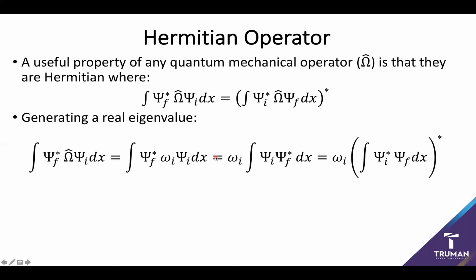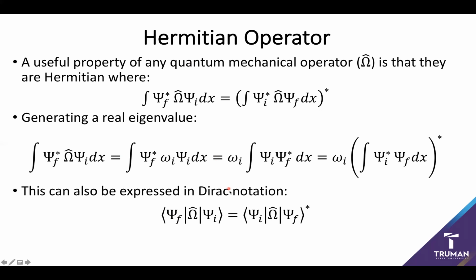Now, one of the easier ways to try and illustrate this is what it looks like in Dirac notation. So in Dirac notation, one way we can explain this is, again, all I'm doing is simply switching my two wave functions, and doing so results in the introduction of a complex conjugate. And again, that would be this first step.